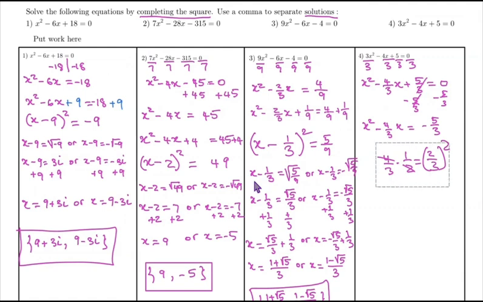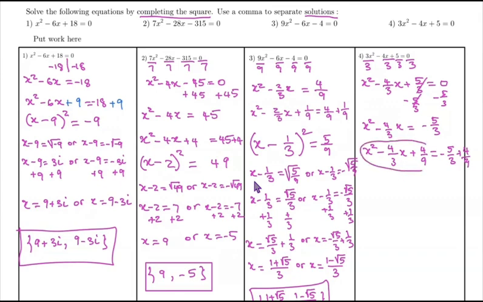So that's 4/9. We add 4/9 on both sides of this equation. That's x squared minus 4/3x plus 4/9 equals negative 5/3 plus 4/9.